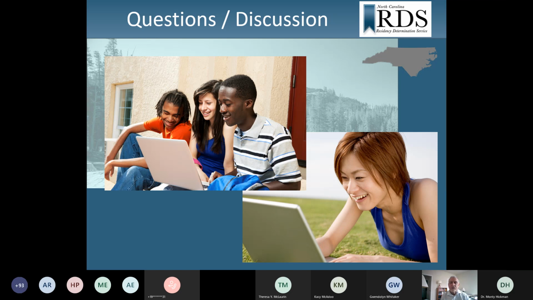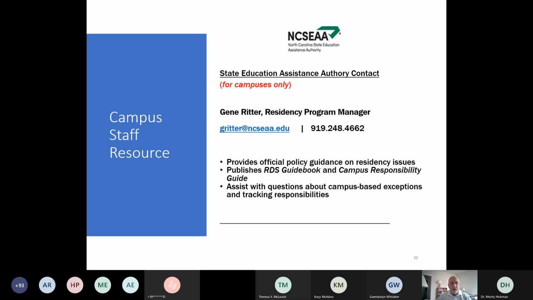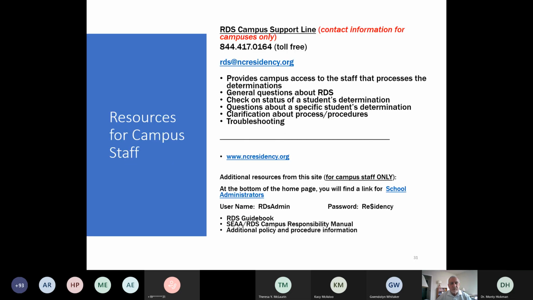That's why I separated each one out in the guidebook, to try to guide you through that. I know it's a lot. It's kind of confusing. So go back to the slide with the password. We're going to resend this, but we've sent this out several times with the other presentations, the guidebook, and the campus manual.